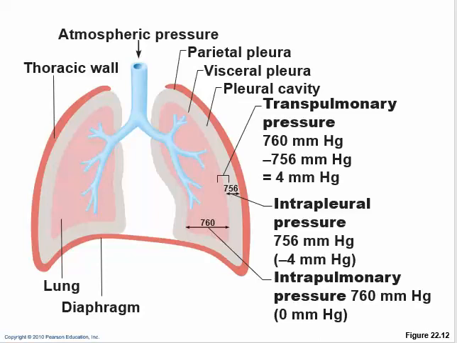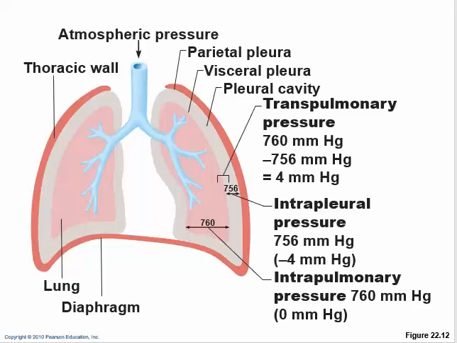So what this means is if you take a deep breath, you will raise the thoracic wall, make the intrapleural space bigger, which will lower that pressure below 4, or greater than 4, I guess, greater than -4. And then the lungs will chase that to try and equalize that to 4.